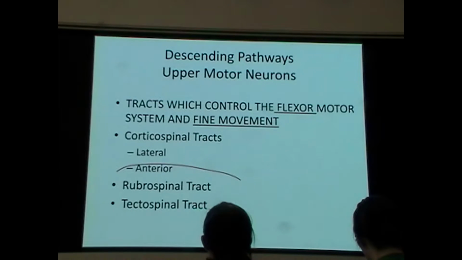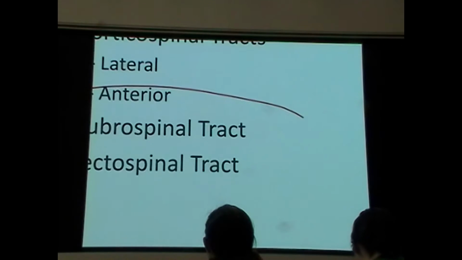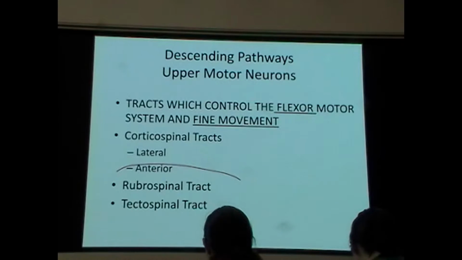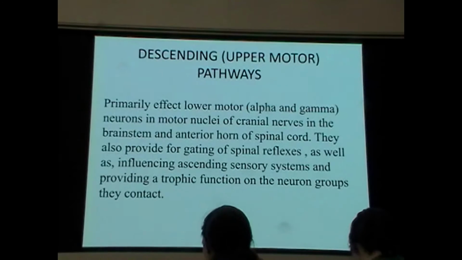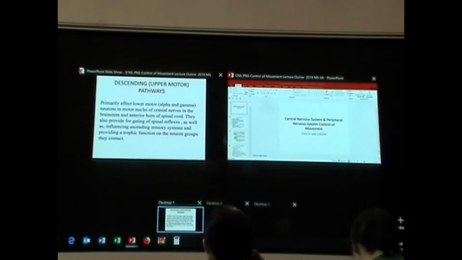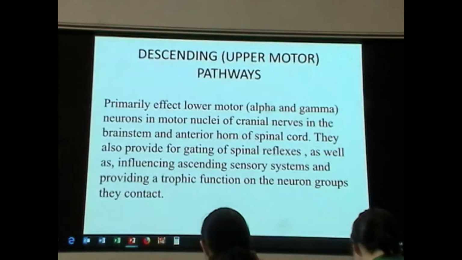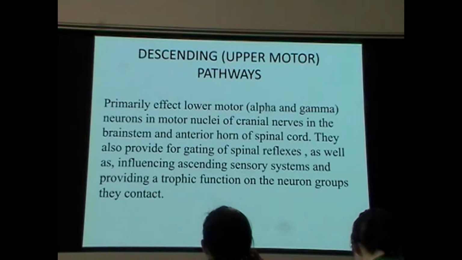Okay, so we have descending motor pathways. Descending motor pathways are referred to as the upper motor nervous system. These are pathways that start in the cerebral cortex.